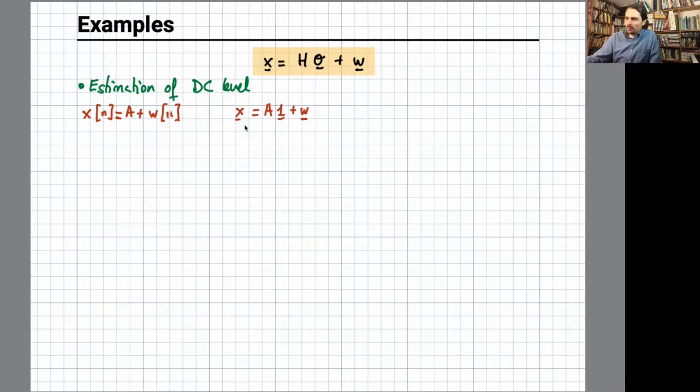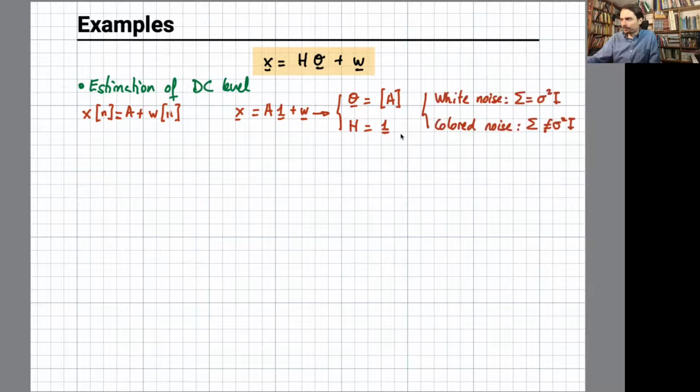And remember that this can be expressed in vector form in this way, where this is the vector of all ones. Okay. Just by inspection, we see that this expression is a special case of this one. If we define theta to be the vector with a single entry, this entry being the parameter A, and H a matrix with a single column, this column being the vector of all ones.